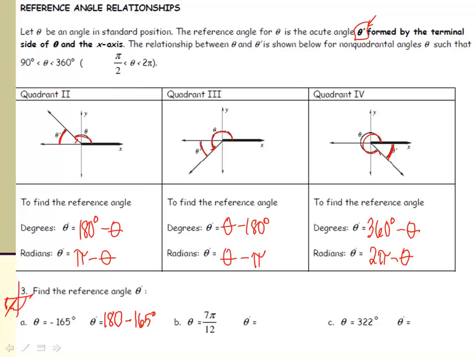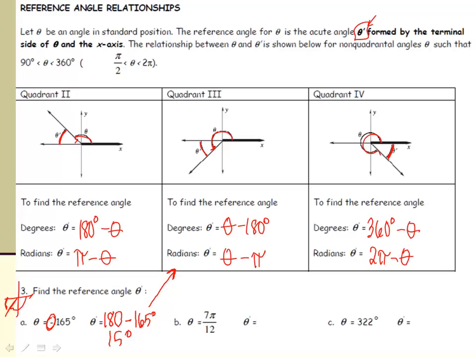If I subtract those, I get 15 degrees. The reason why this is different than our table right up here is because we have that negative 165, and that's what makes it a little bit different here.